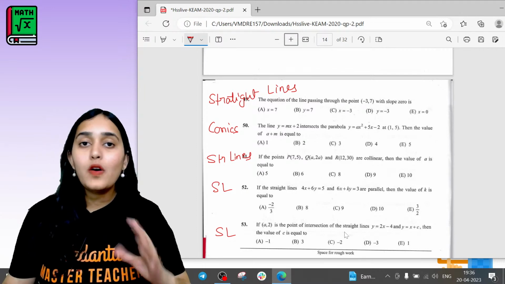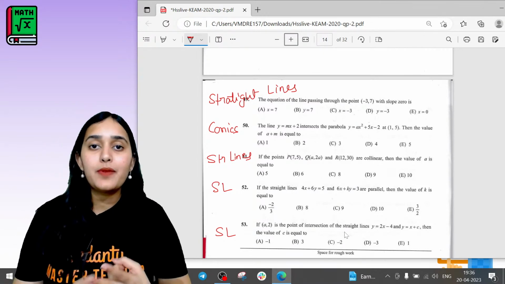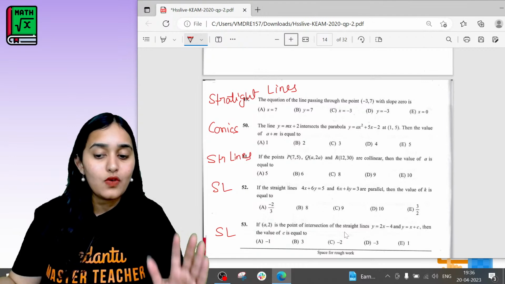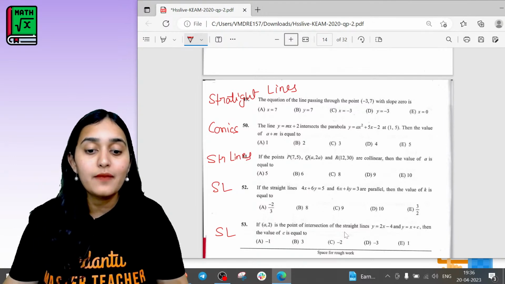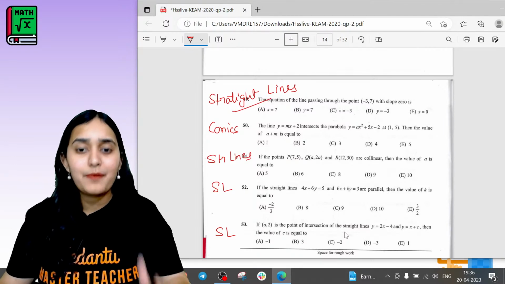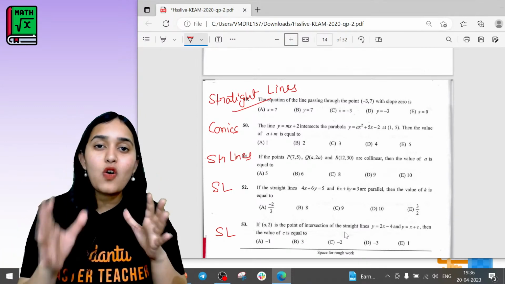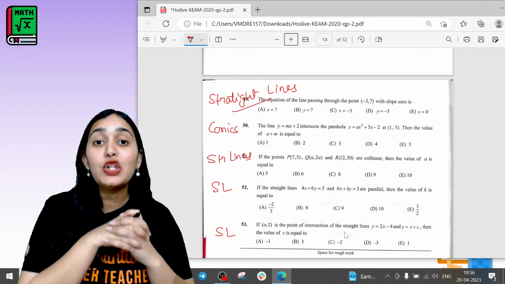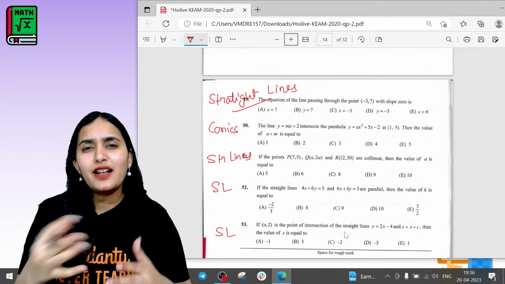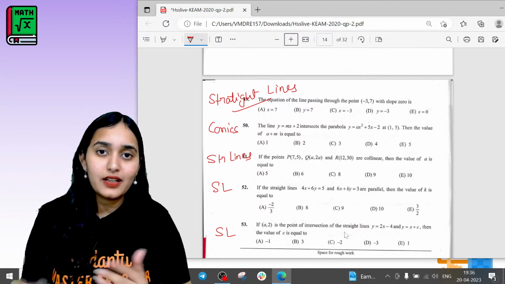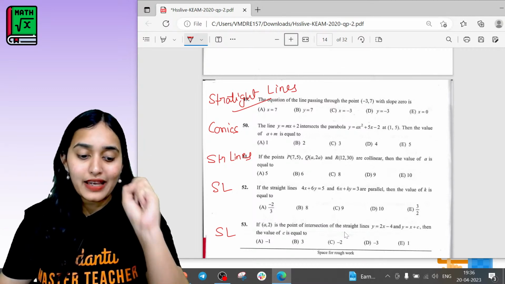Next, you will see a combination of conic sections and straight lines. Conic sections include parabola, hyperbola, ellipse, circle and so on, all the geometrical figures, and straight line is a separate chapter in class 11. I generally call them a combined unit because they are related and similar.